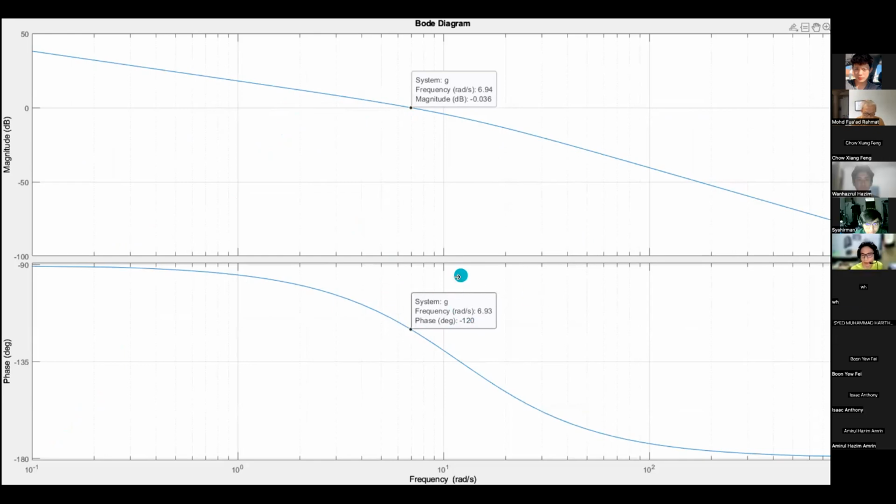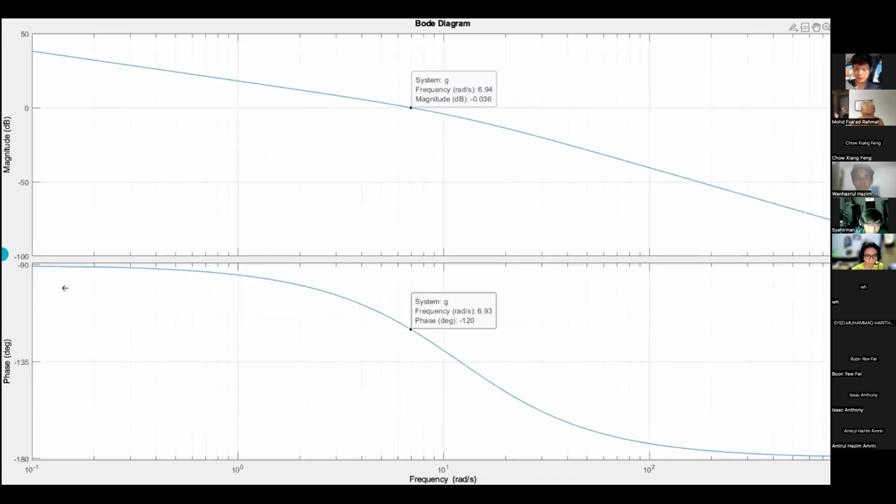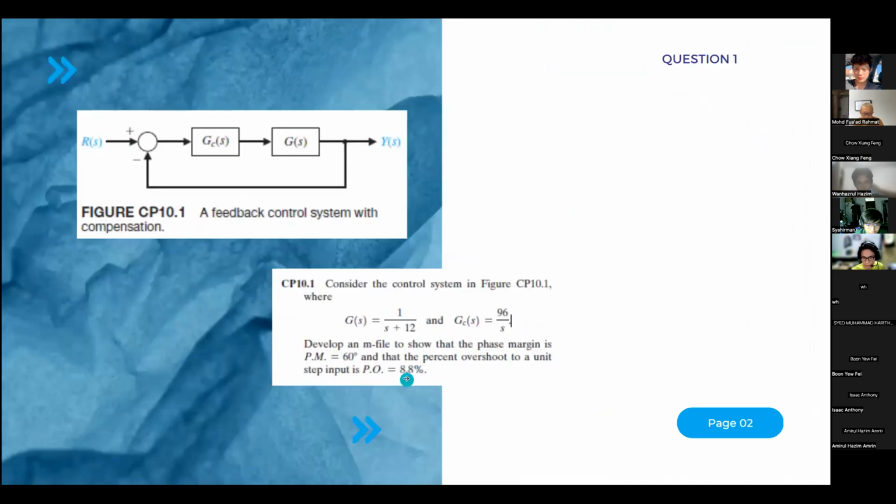So we got the phase margin 60. For the percent overshoot, this is our step response, and the percent overshoot is 8.7726, which meets the criteria from the question, which is 8.8.